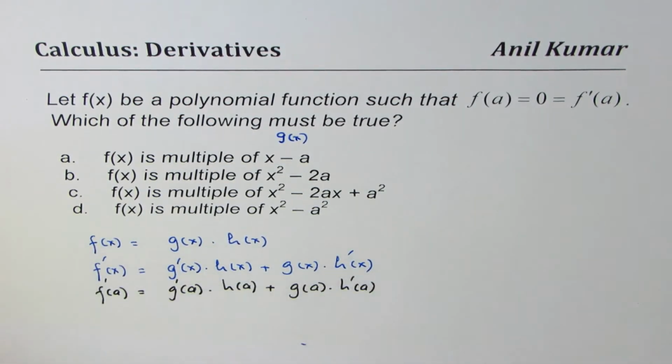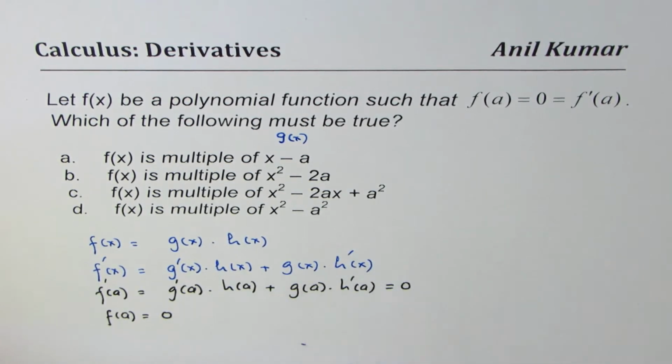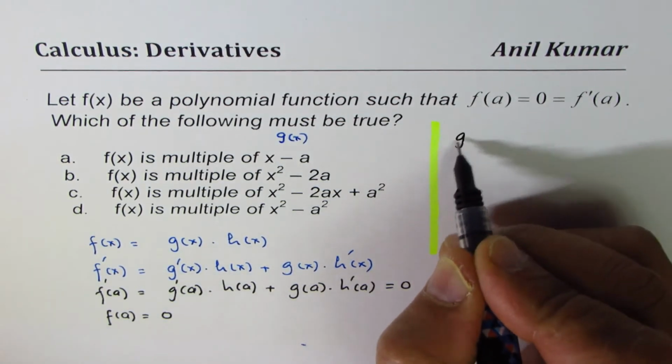So one condition we are given here is f of a is 0. The other one is that this is 0, right? So both of them are 0. That is what is given to you. You have to find which one of these is the right answer. Is it okay? So clearly, if you look at it, there are two conditions for you. First one, for this function to be 0, g dash a should be 0, right?